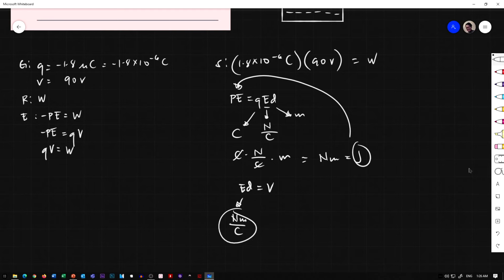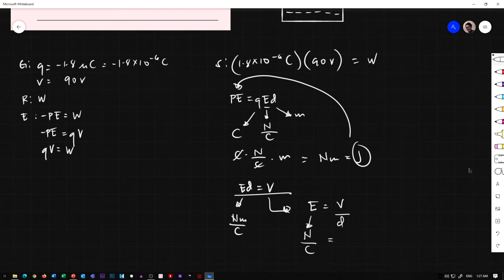So that would mean the electric field is equal to V over D. I won't be showing you the explanation of the negative sign here, I just want to show you the derivation. The unit for electric field is newtons per coulomb.